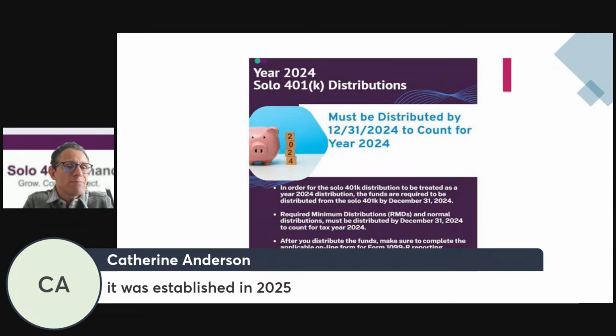It's employee pre-tax and employee Roth where you had to have opened the plan by December 2024. That doesn't apply to voluntary after-tax solo 401k contributions and employer Roth solo 401k contributions, as well as employer pre-tax contributions.